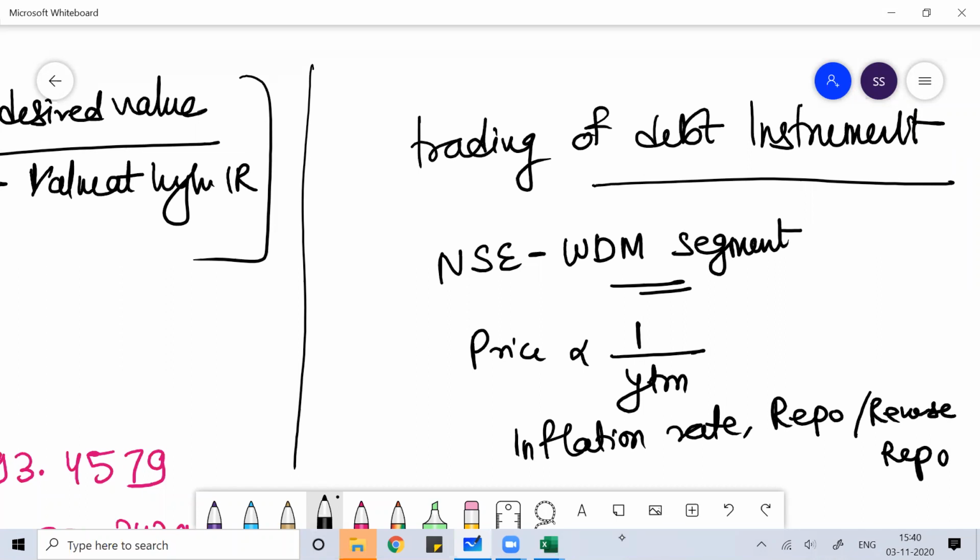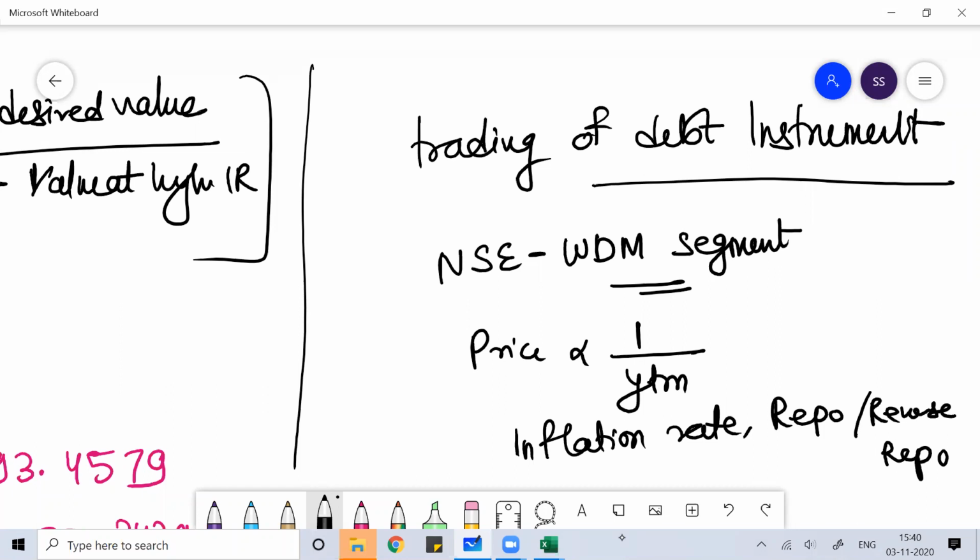Because of that, the interest rate segment altogether gets affected, and the inflation data for our economy also changes, and that again affects the price of the debt instrument. Whenever the Reserve Bank of India or the banking institutions increase the interest rate in the market, automatically the price of the debt instrument already trading in the market will fall.